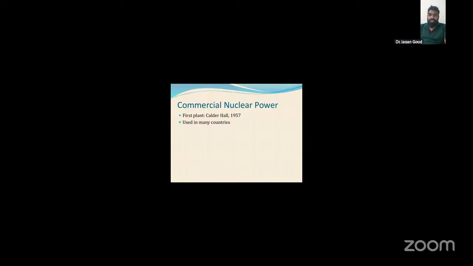First plant: the first commercial nuclear power plant was Calder Hall in 1957. The world's first commercial nuclear power station, Calder Hall, began operation in 1957 in the United Kingdom. Location is England, and the reactor type is a Magnox gas-cooled reactor.